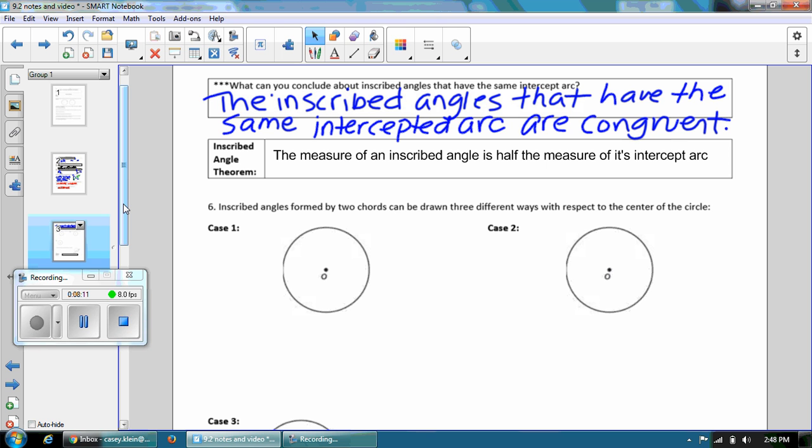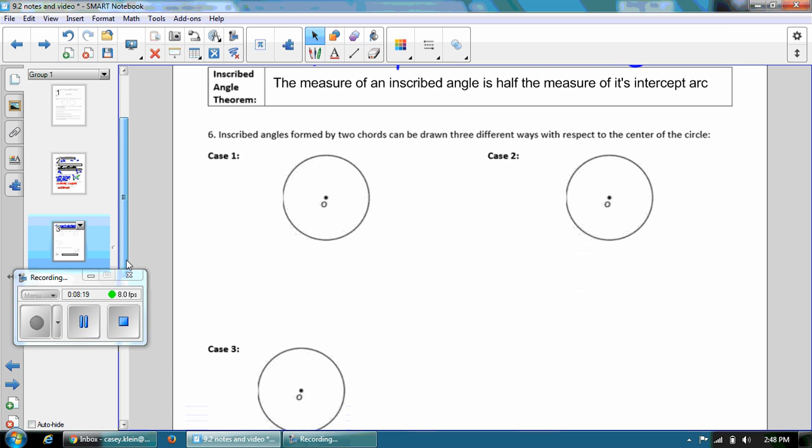There are 3 different cases on what the inscribed angles could look like. Actually, we are going to include a 4th case. So the first case includes the center O. There's an example of an inscribed angle that includes the center O. Case 2 does not include the center, but essentially goes around it.